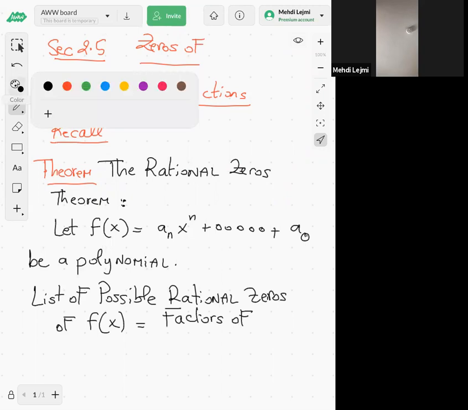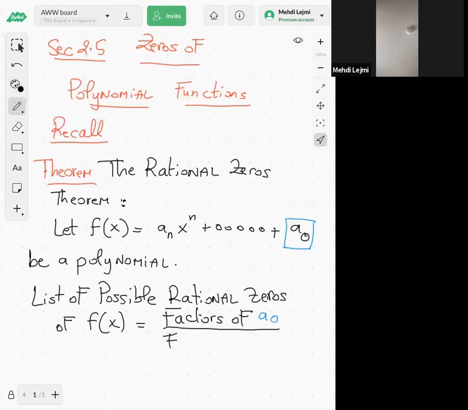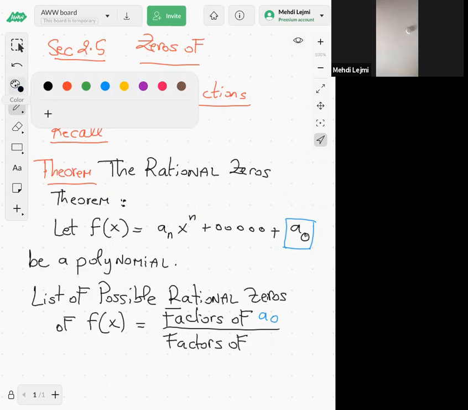So the constant, that's the number by itself, so the a0, over the factors of the leading coefficient. So that's the coefficient in front of the highest power of x. So here's my leading coefficient, a subscript n. Anyway, so the theorem gives us the list of possible rational zeros.